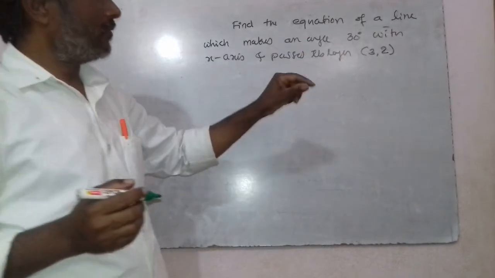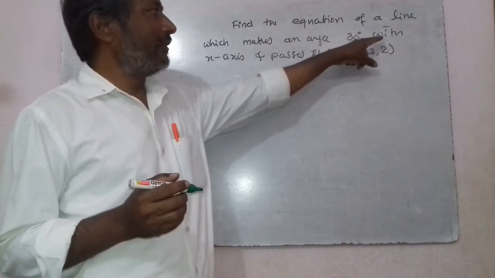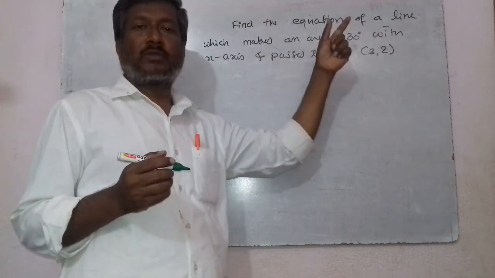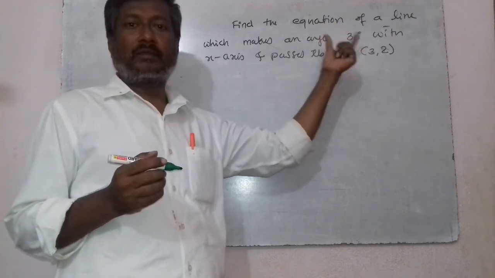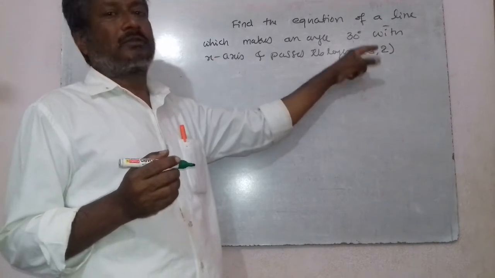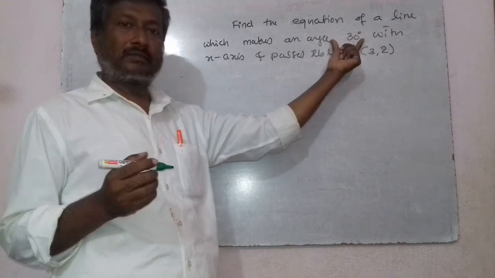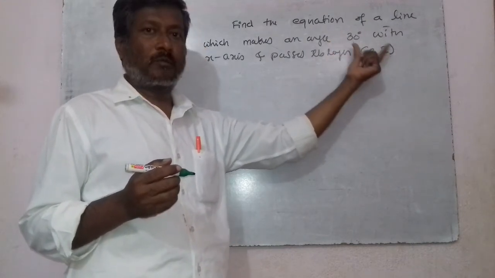So here in this problem, the line makes an angle of 30 degrees with the x axis, meaning using this inclination, first we have to find theta, that is theta equal to 30, so we can find the slope, and this passes through 3, 2. So again, using this 30 degree inclination, we get m, the slope, and then the slope point form.